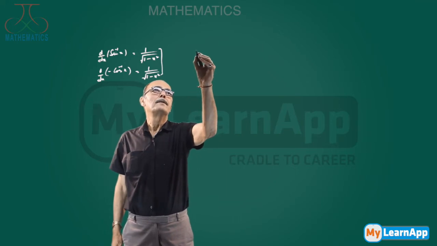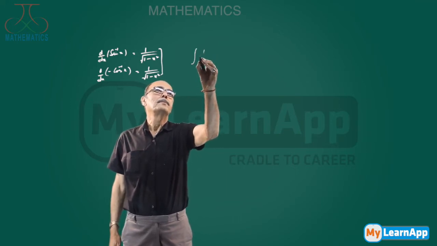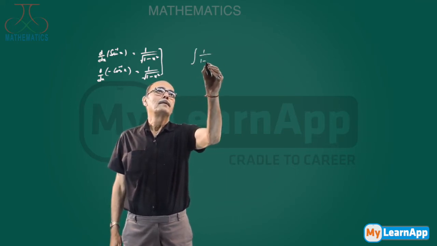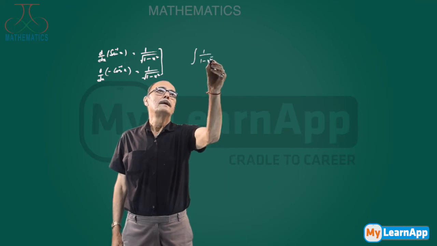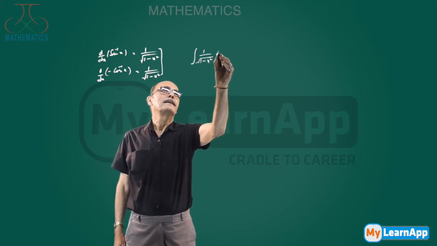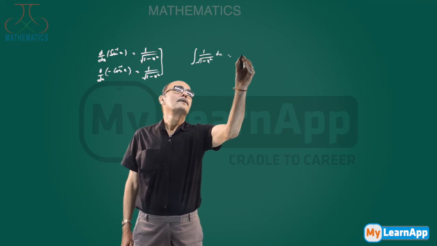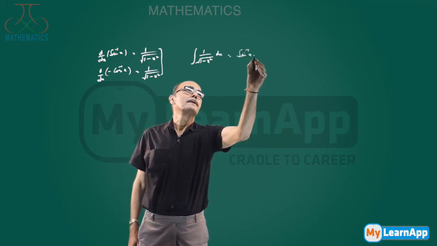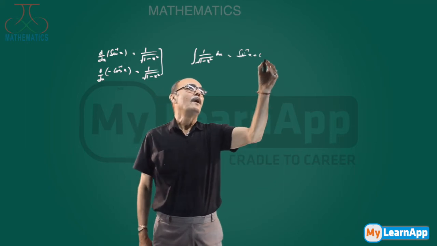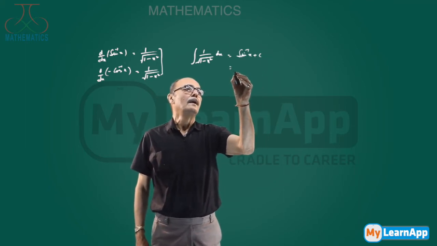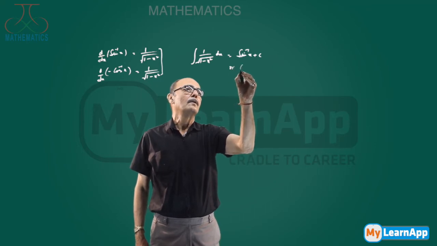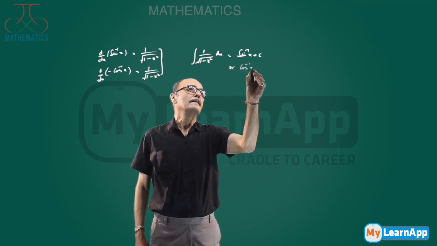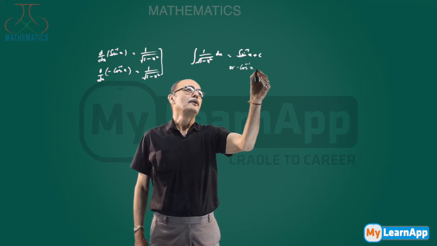So, we have the formula from here, 1 upon under root 1 minus x square dx equal to sin inverse x plus c, or cos inverse x with minus sign plus c.